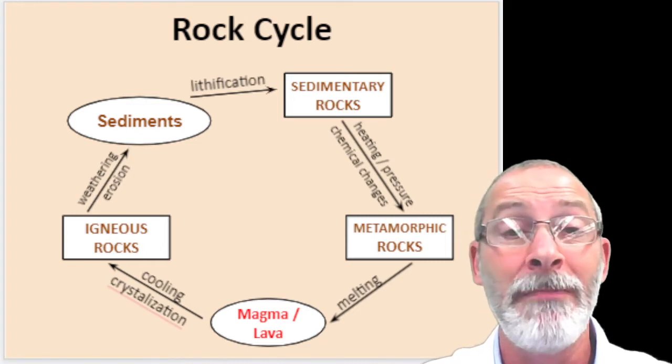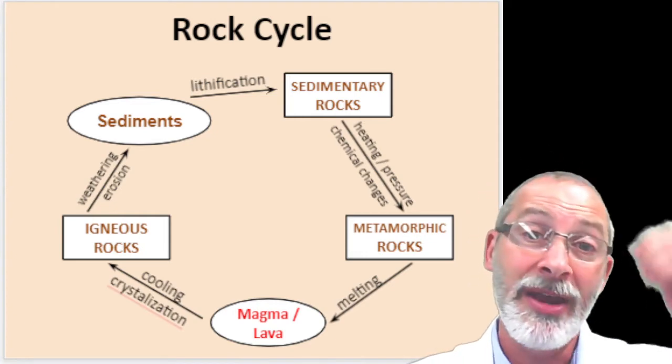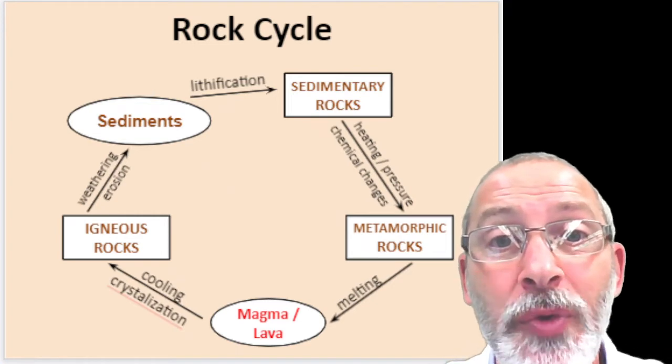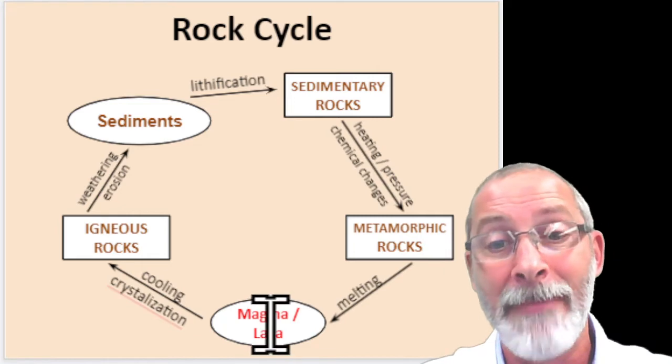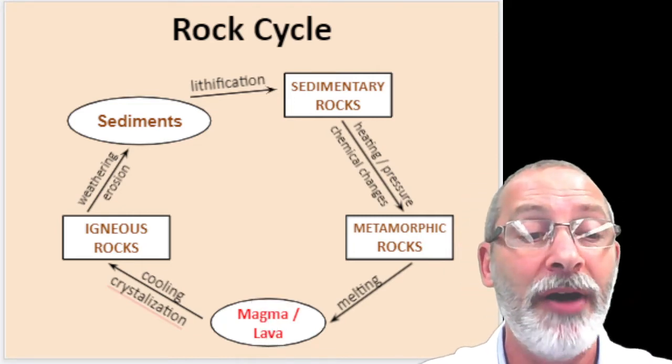And those metamorphic rocks can melt. And if those metamorphic rocks end up melting, guess what they form? Either magma or lava. Magma if it's beneath the surface, lava if it's above the surface.